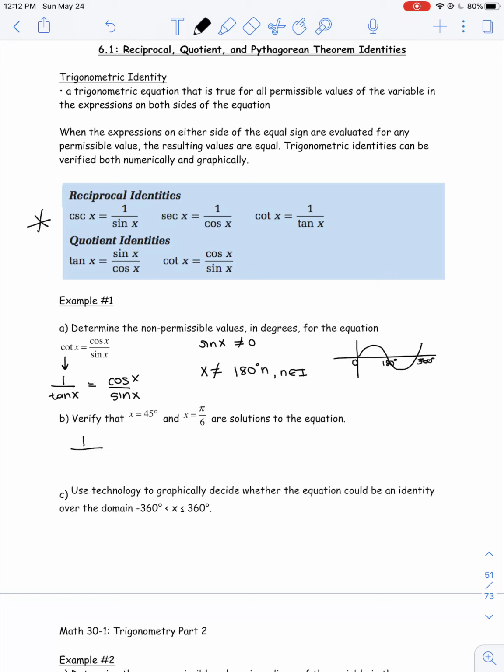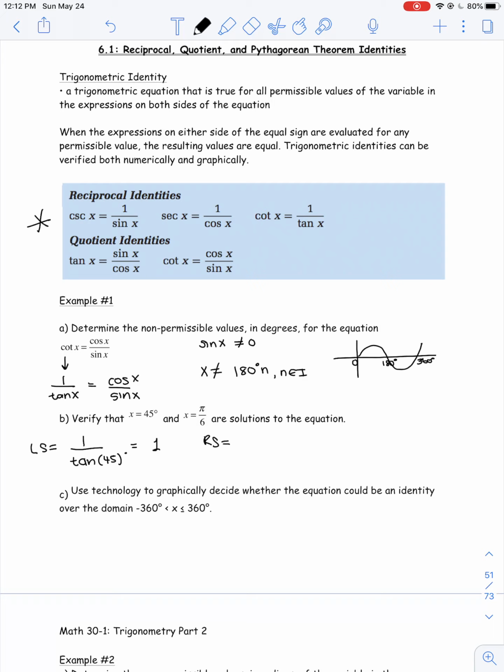I would go 1 over tan of 45 degrees. Make sure you're in degree mode for this first question. So 1 divided by tan 45 in brackets gives us 1. So that's the left side of the equation.